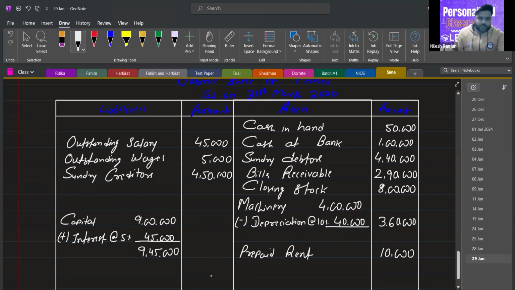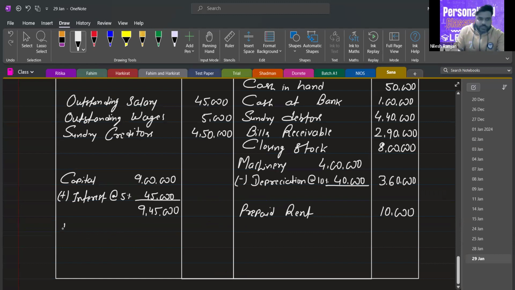Now this 6 lakh 5,000 will be added here, plus net profit 6 lakh 5,000. So it is 15 lakh 50,000.